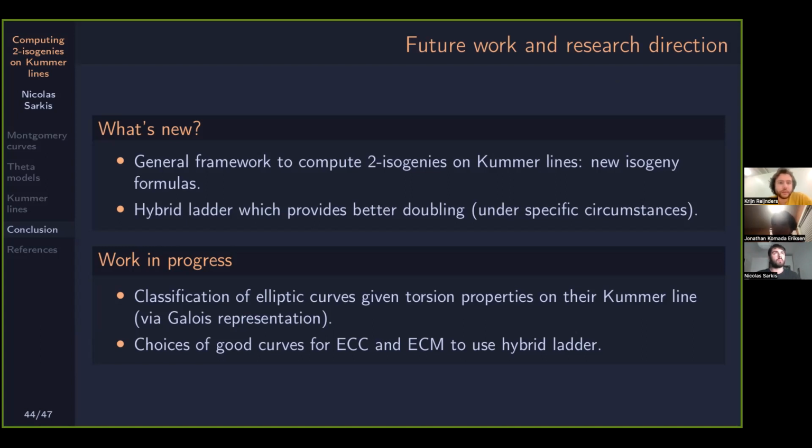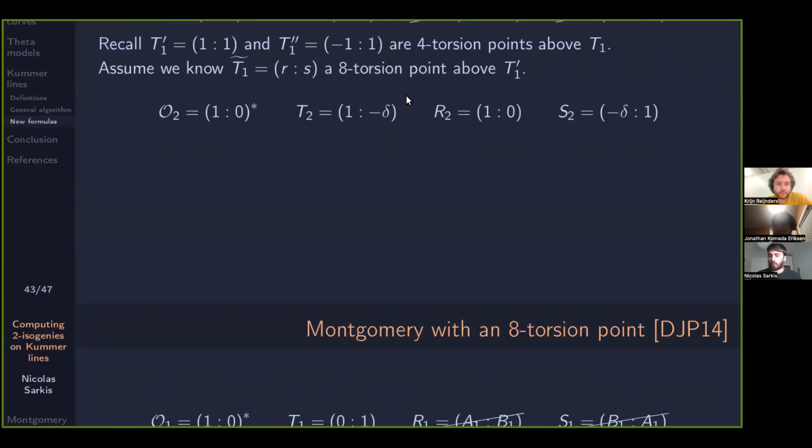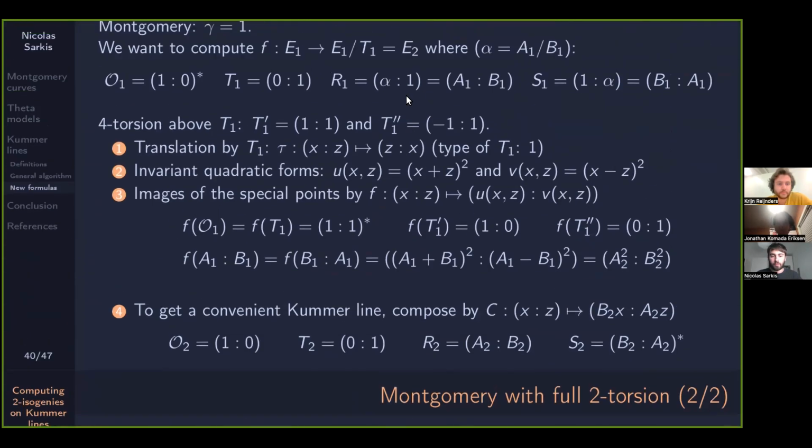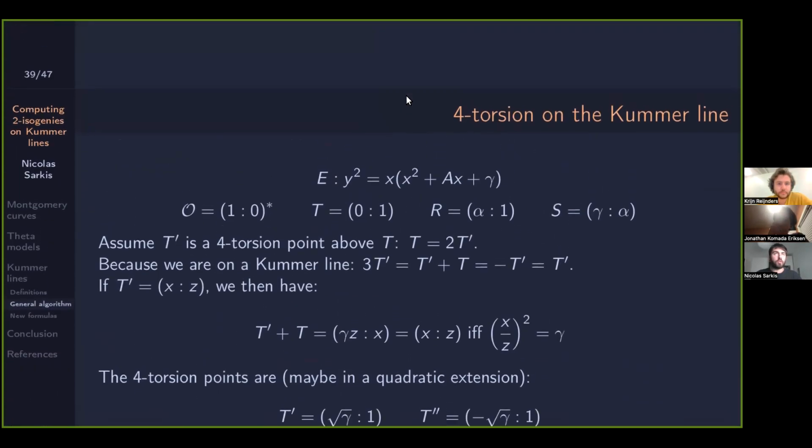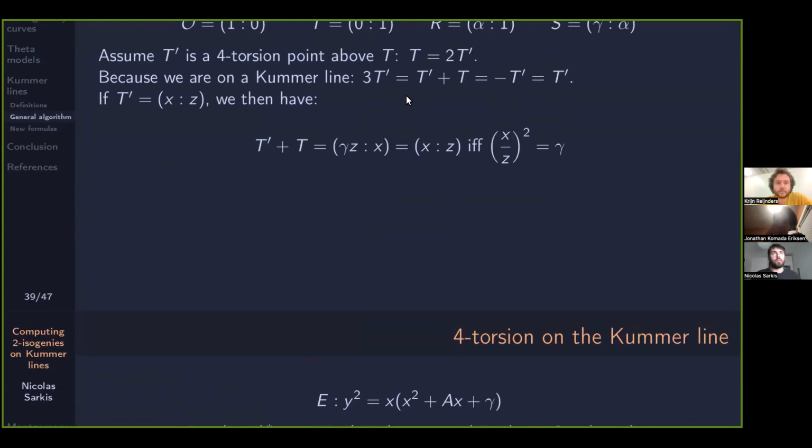Nice. There's also a question from Tomoki, which is, what do you think about odd-degree isogeny computations? Is it possible to generalize? This method can be directly generalized, but one thing that was important is to determine the tau translation.